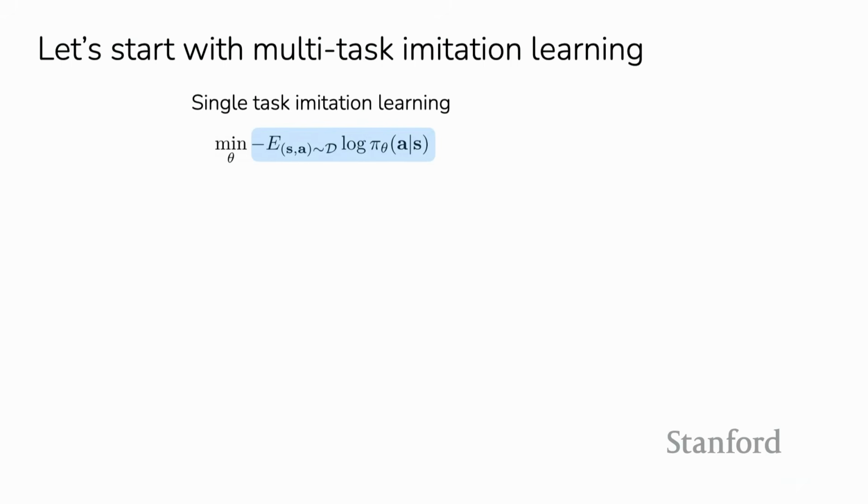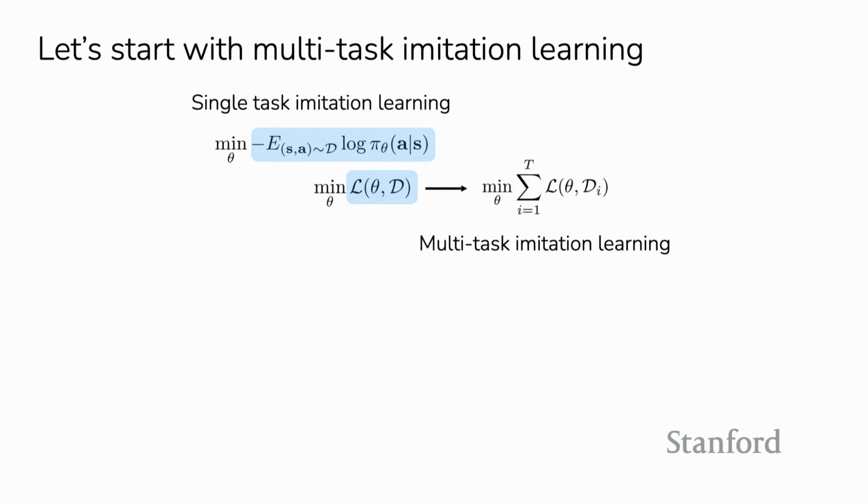If we write this as minimizing a supervised loss function with respect to our policy parameters, then when we want to move to the multitask setting, we can simply minimize a single set of policy parameters over the loss function averaged over all of the tasks. So this is basically multitask imitation learning, pretty simple, hopefully.